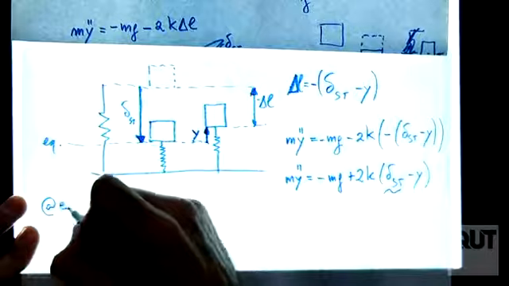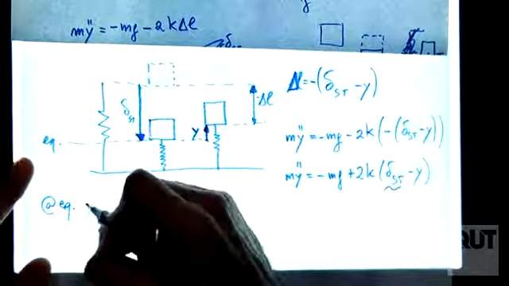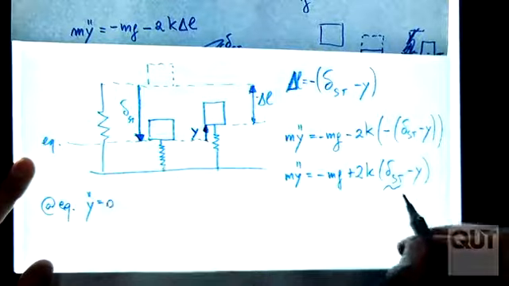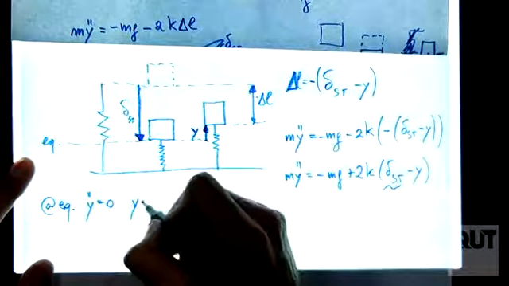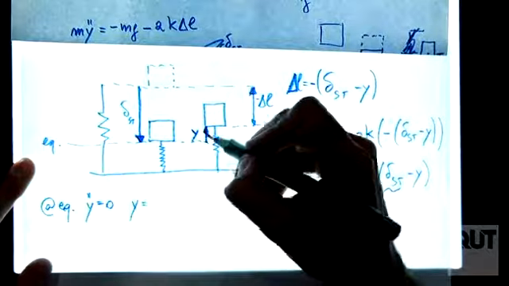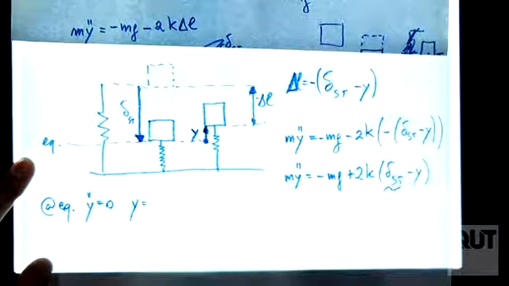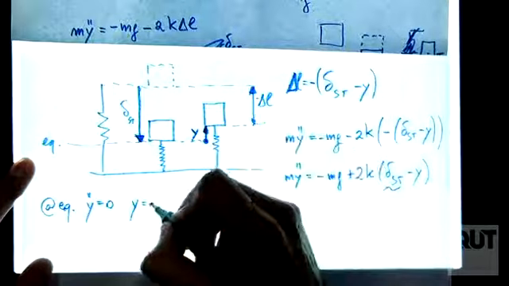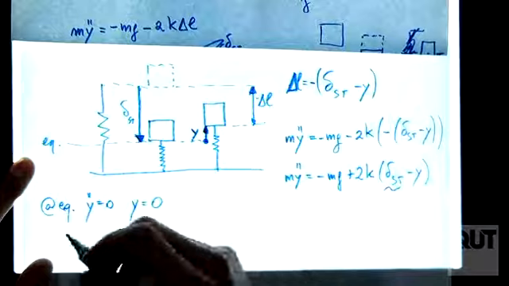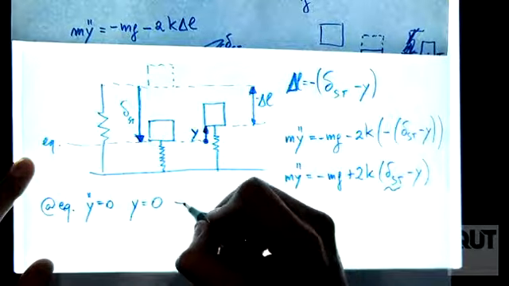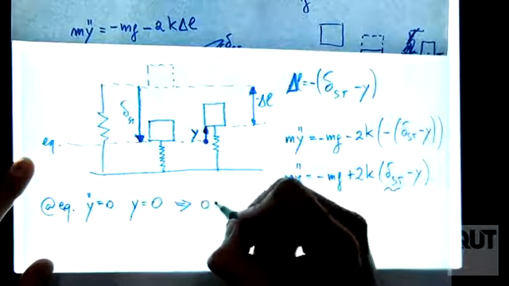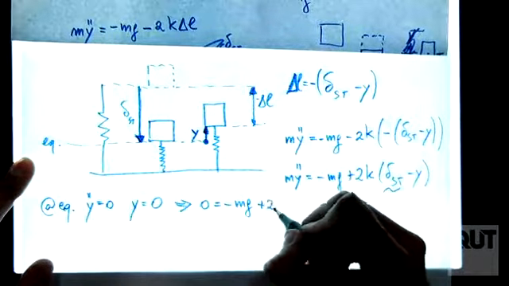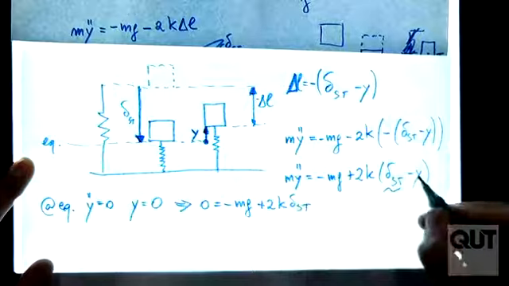So at equilibrium, how much is acceleration? It's zero, it's not moving. How much is y at equilibrium? Well, we chose it to be 0 at equilibrium. We put our reference system here so that it's 0 at equilibrium. Therefore, I can rewrite this equation at equilibrium, and it becomes 0 equal minus mg plus 2k delta static, and y is 0.